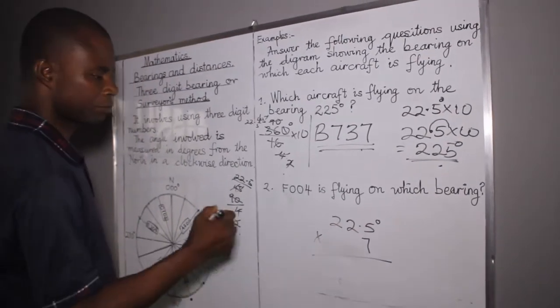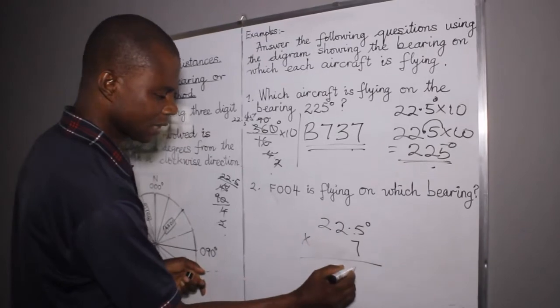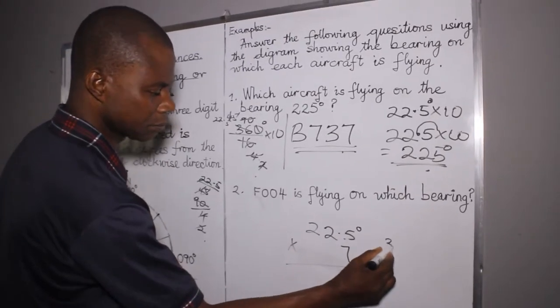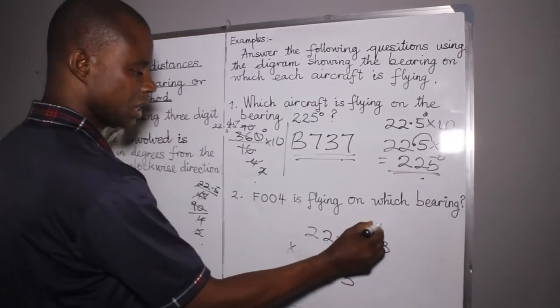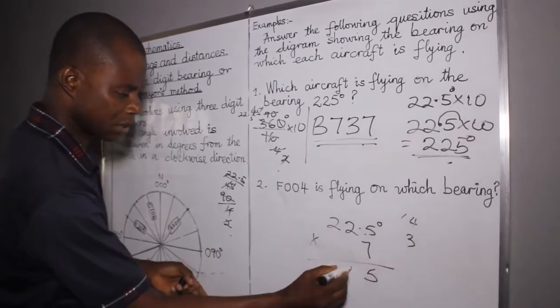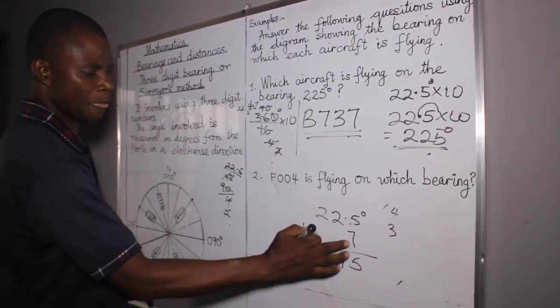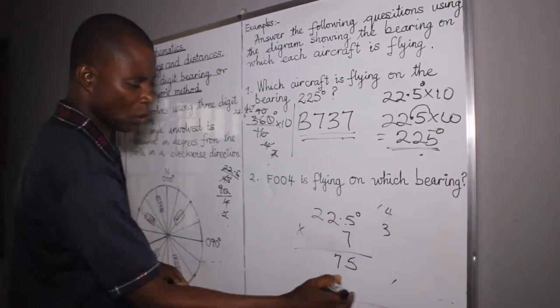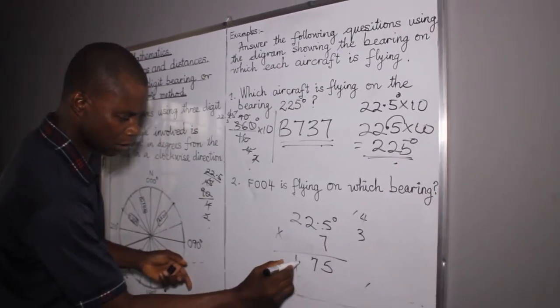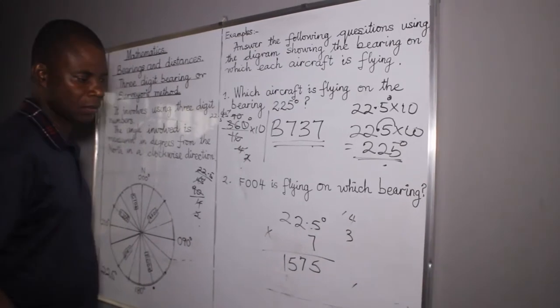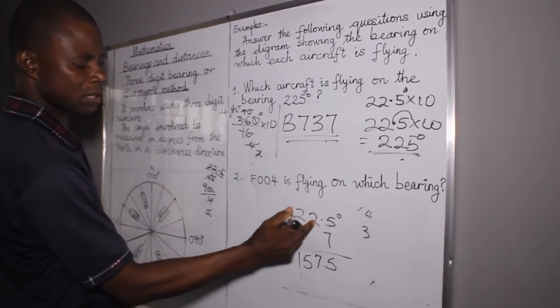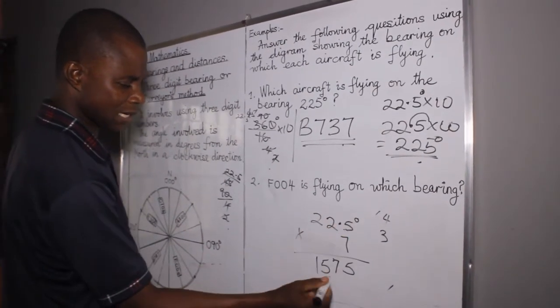Don't forget. 7 times 5, 35. 7 times 2, 14. 14 plus 3, 17. We have 1 left. 7 times 2, 14 plus 1 is equal to 15. And don't forget the decimal point, 1 digit before the last number.